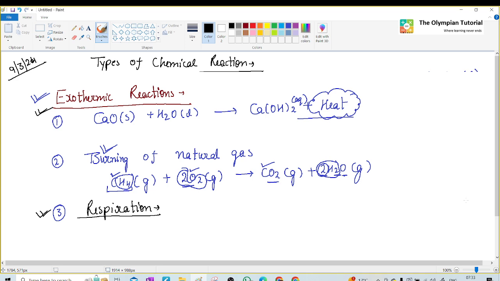This glucose combines with oxygen in the cells of our body and provides energy.